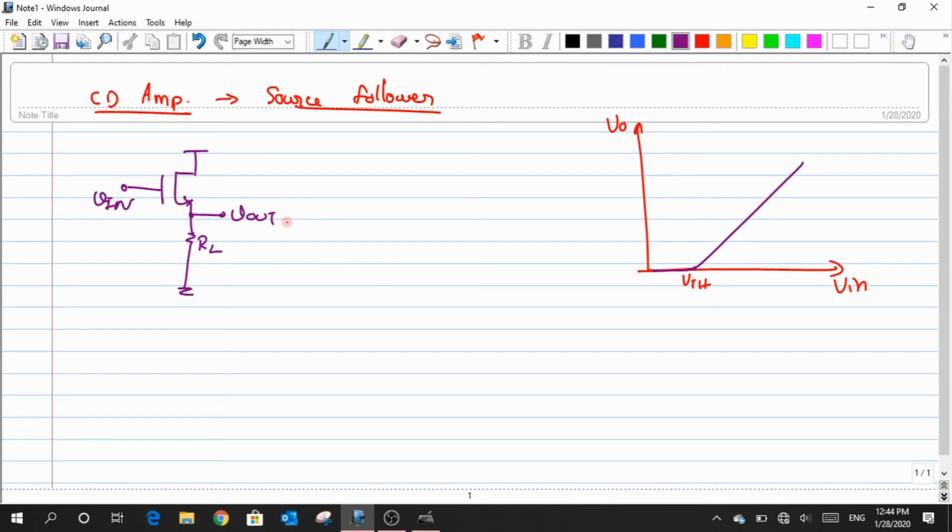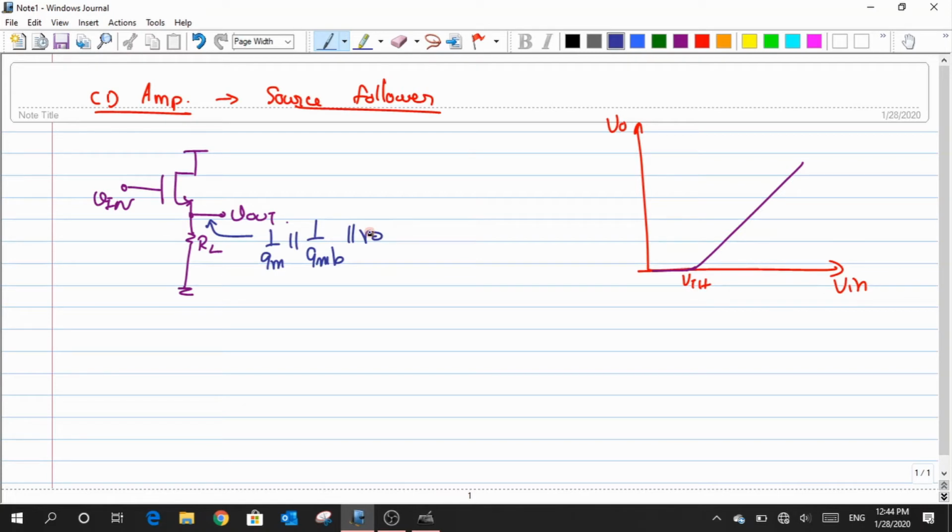Since I'm taking the output, or tapping the output, from the source terminal, rather than drawing all the small signal models and working out this entire transistor, I can just replace this transistor with some sort of resistive network, for which we need to know the resistance that I'm seeing when I look through the source, and that answer would be 1 by Gm in parallel with 1 by GMB in parallel with R naught.